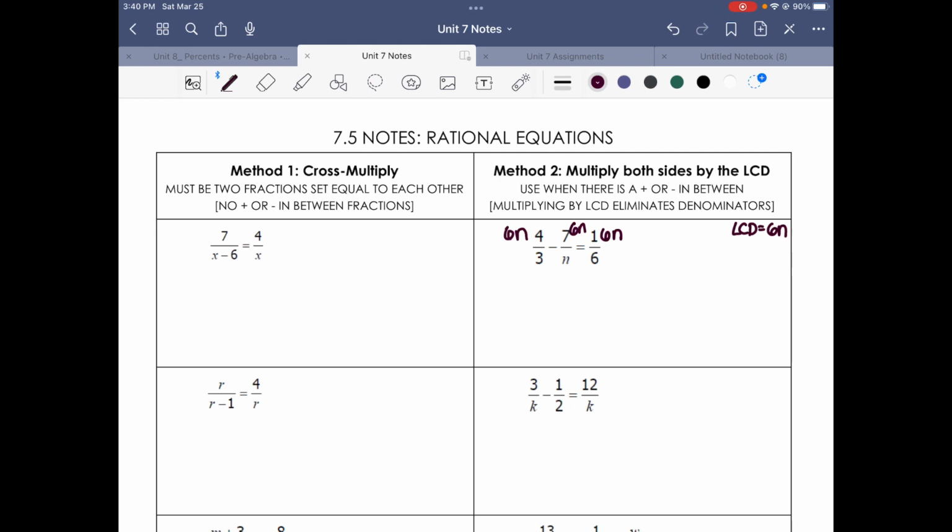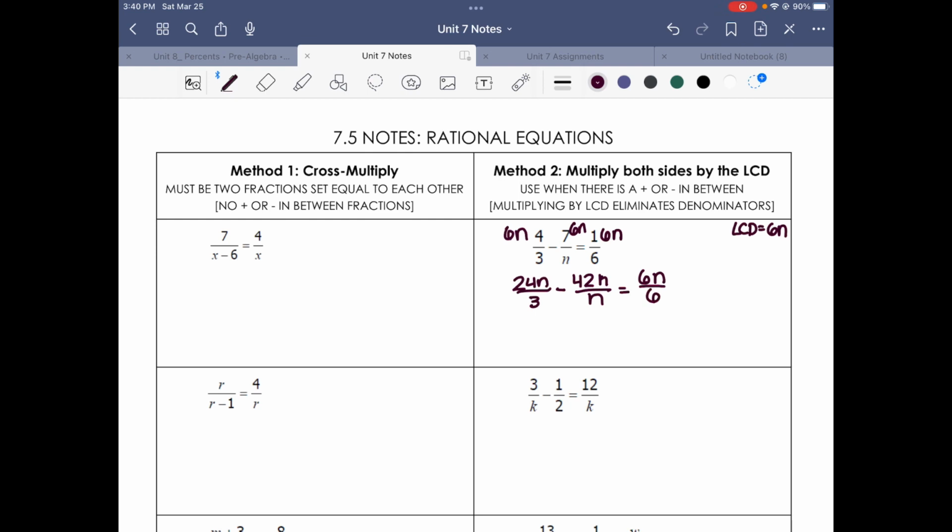So this gives me 24n over 3 minus 7 times 6 is 42, n over n equals 6n over 6.